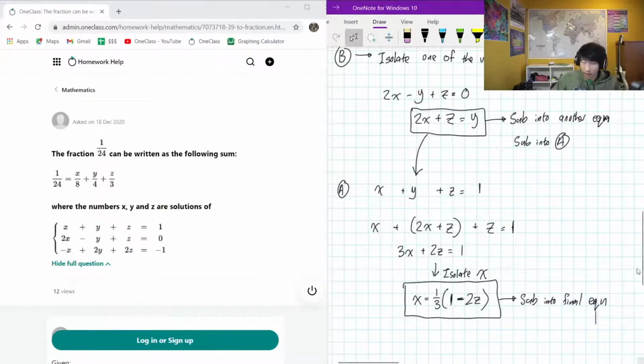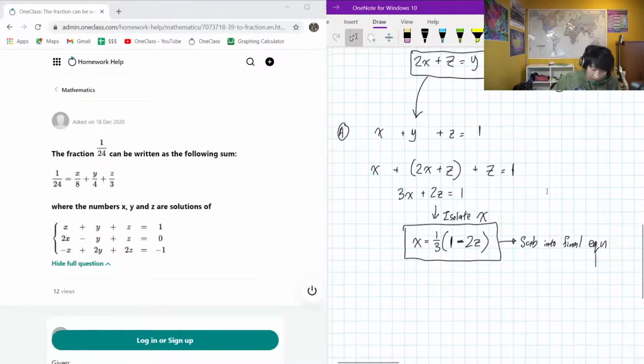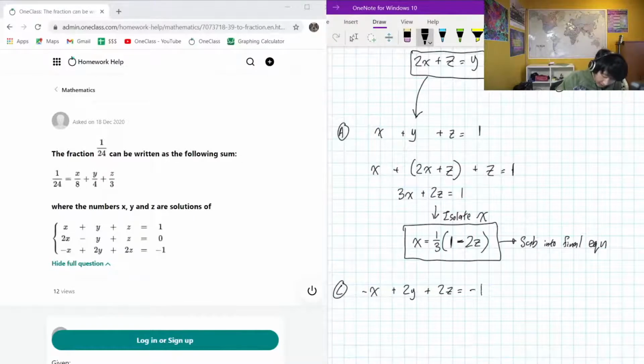In this case, our final equation is C. Equation C, we have negative x plus 2y plus 2z is equal to -1.